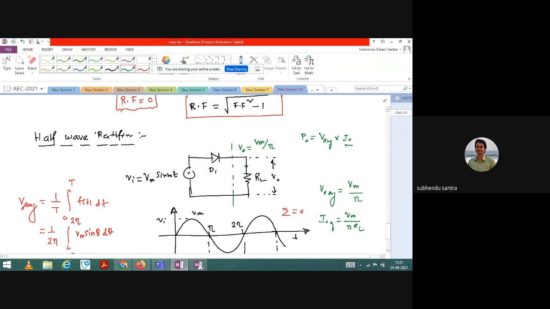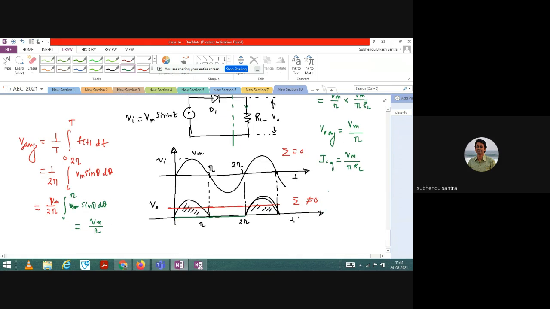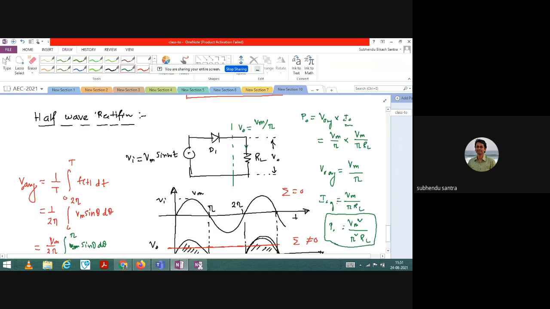Just voltage divided by resistance is the current. Yes or no? Therefore the power is Vm upon pi multiplied by Vm upon pi RL. So basically P0 equals Vm square by pi square RL. It will be helpful when I find the efficiency. So this part is over.